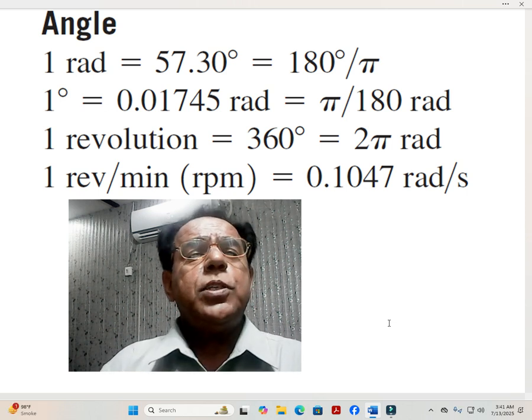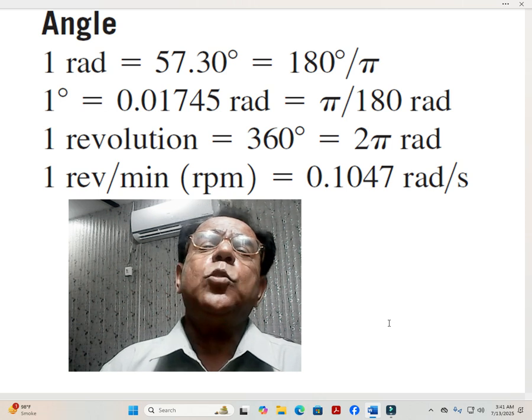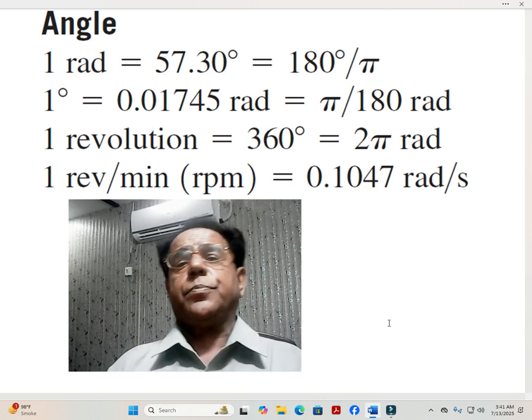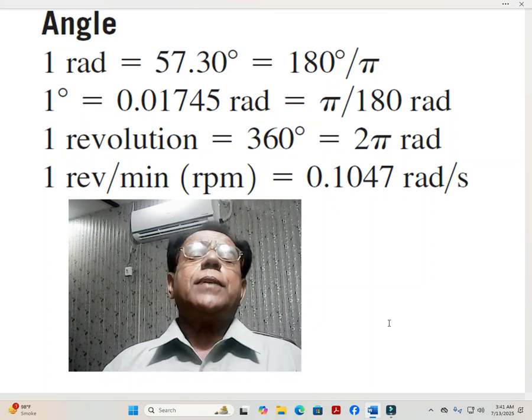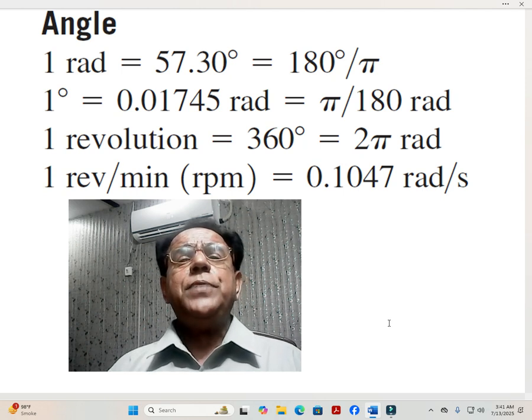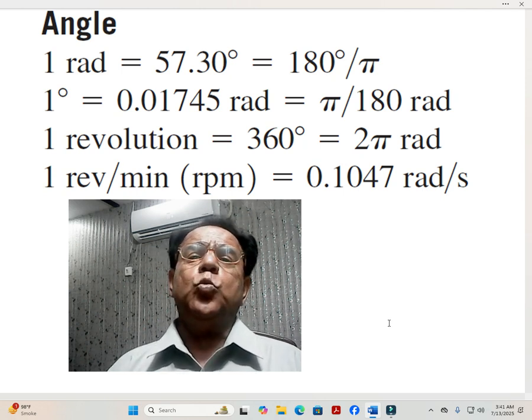So 1 revolution equals 360 degree, which is equal to 2 pi radian. That is why wherever in calculating angular measurements 2 pi is involved, we add radian with 2 pi ourselves.